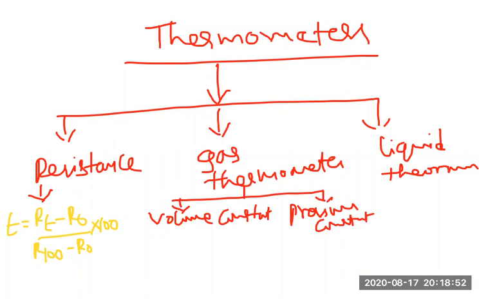For volume constant, the pressure changes, so I can write T = (Pt - P0)/(P100 - P0) × 100.